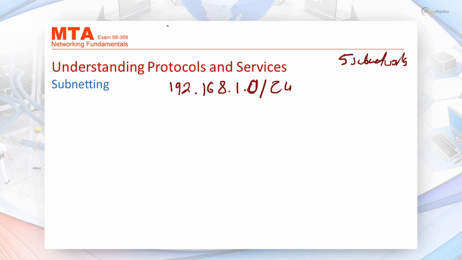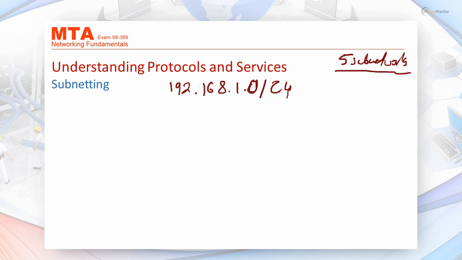I know I need 5 sub-networks. Subnetting is easy. Well, I said it was difficult. What I mean by that is it is easy because you just have to follow a few steps and every time it is the same. That's why the key is to do it again, and over again.